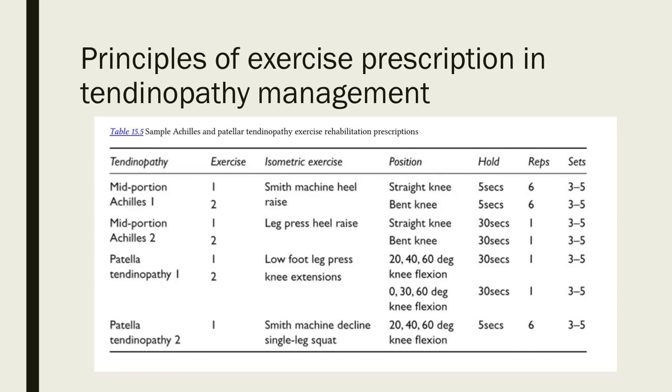And completing these isometric load sessions immediately after high tendon load activities or sport-specific activities, typically 24 to 48 hours before the next high tendon load activity is recommended so that you have time for adequate adaptation. So improving strength, control, and mobility of synergists is also very important and is likely to benefit or aid the affected tendon.